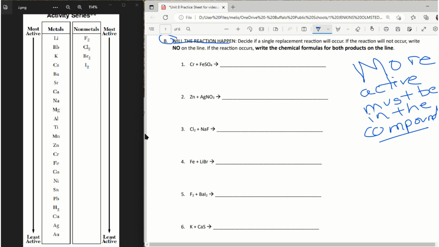So let's look. Cr and Fe. So we have to find them. If you find them, you see that Cr is here, and right below it is Fe on this table. So that means Cr must be in the compound because it is more active. Is it in the compound right here?